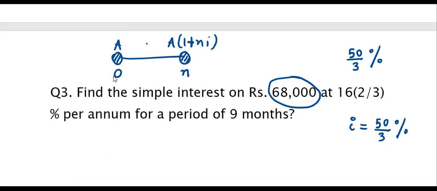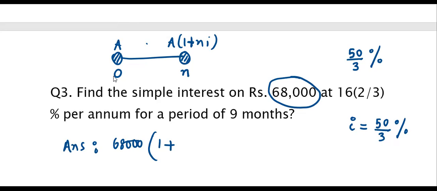Here n could be 5, 10, 15. It could be a fraction also, like 2.5 years, 3 months, 5 months, whatever. So you just apply the formula. A is 68,000 here, 1 plus, this is the solution, this is the answer.